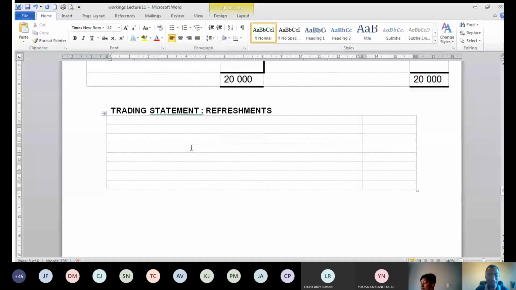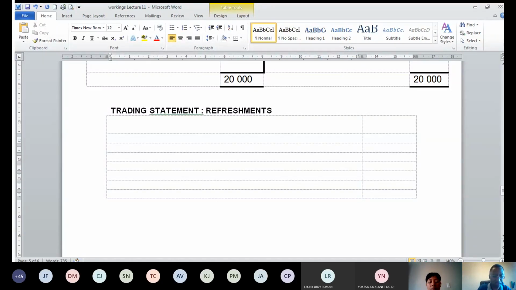Now, guys, remember, it can be refreshments, it can be a bar, it can be a tuck shop, it can be anything. You do it all on the same basis. The purpose of drawing up this trading statement for refreshments is to calculate the profit that was made on the sale of our refreshments.